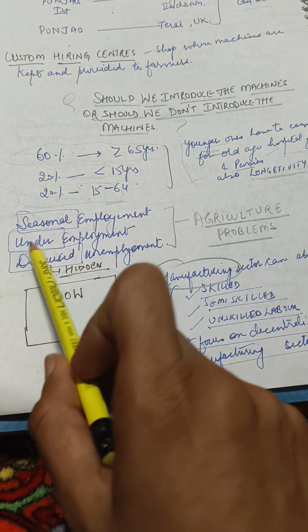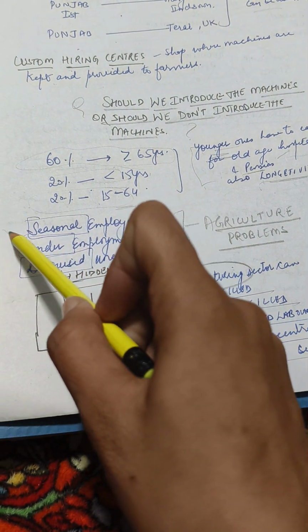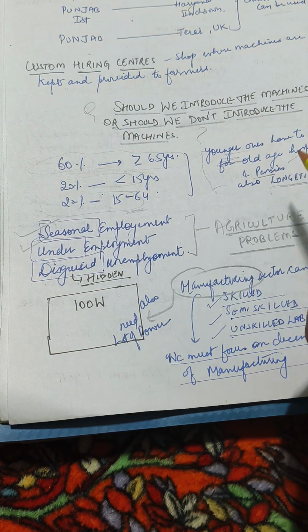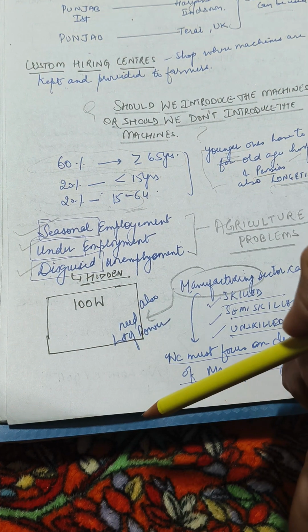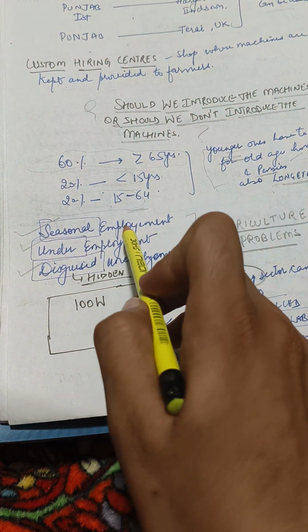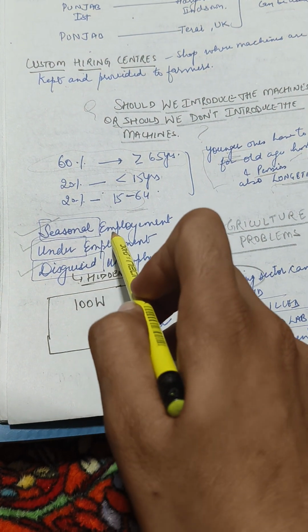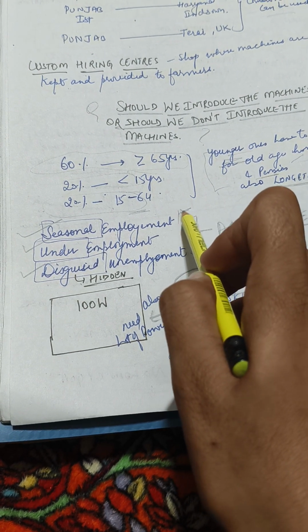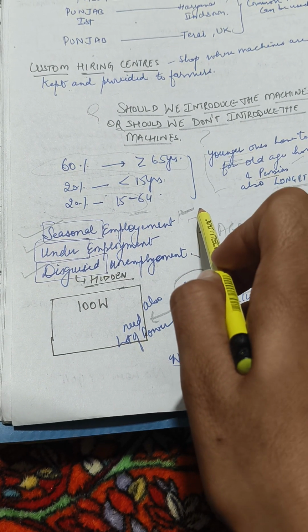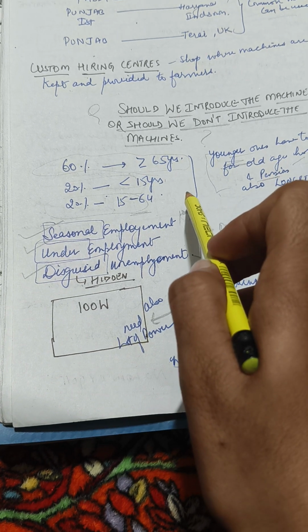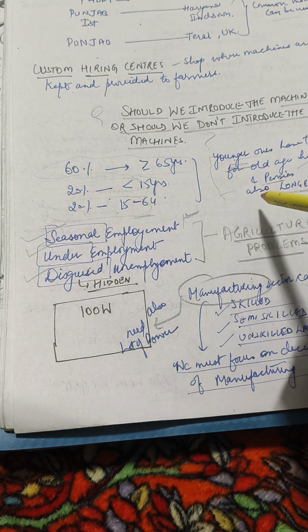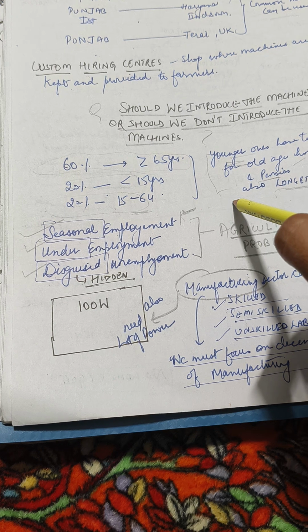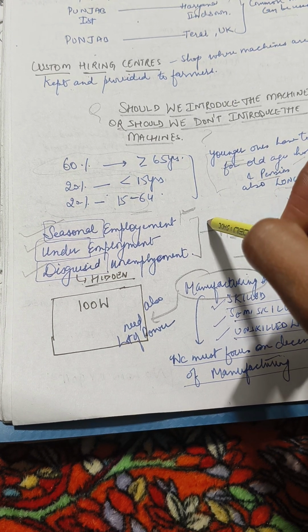Then seasonal employment is one of our issues. Underemployment is another issue. Disguised employment is another issue. Seasonal employment means that in agriculture we work in a specific season, but for the rest of the time, when the crop has already been sown and is in the growing stage, the labor is not working.